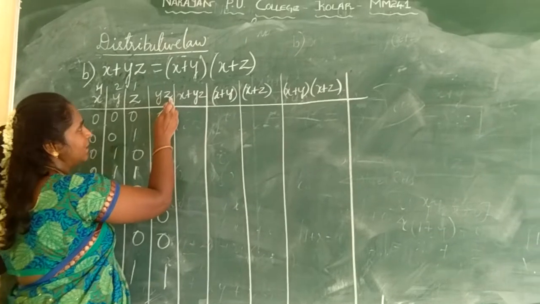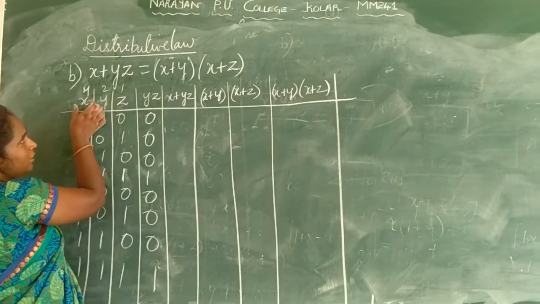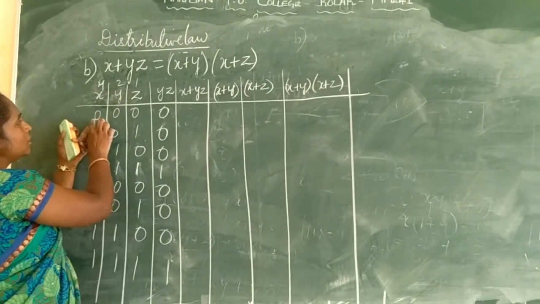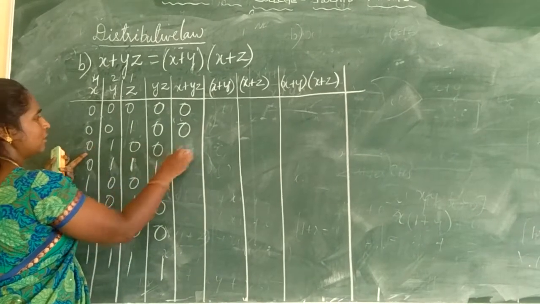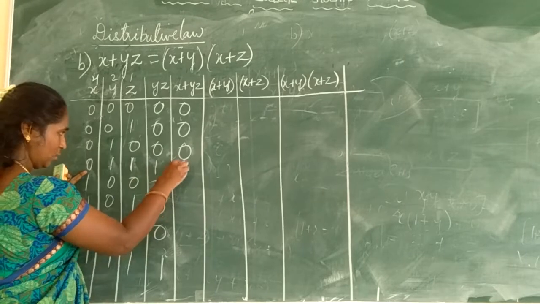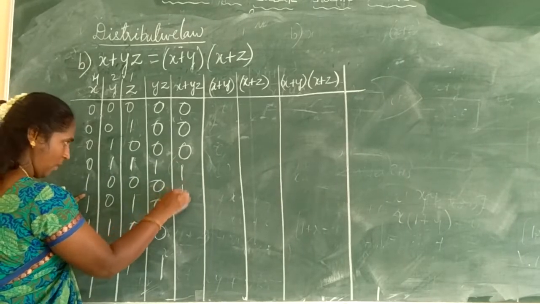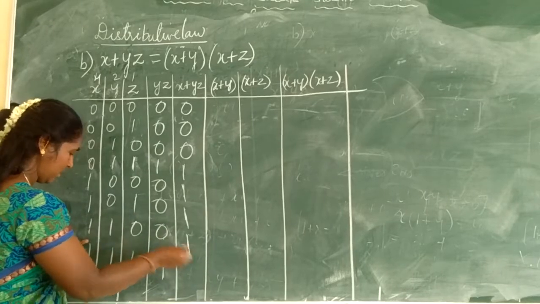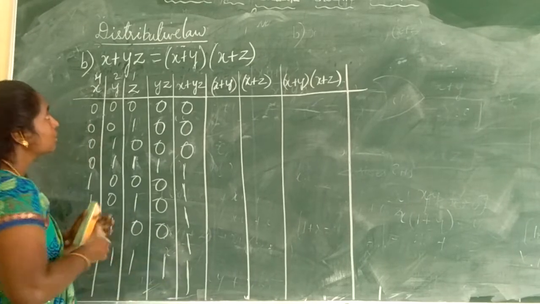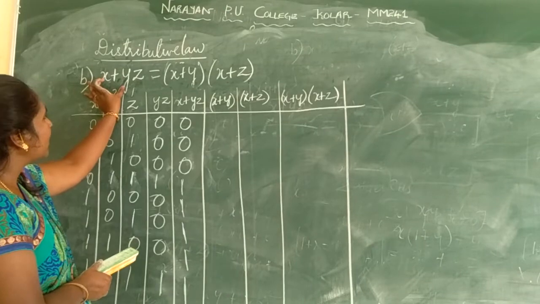So yz is completed. This should be ORed with your x. With x input: 0 plus 0 is 0, 0 plus 0 is 0, 0 plus 0 is 0, 0 plus 1 is 1, 1 plus 0 is 1, 1 plus 0 is 1, 1 plus 0 is 1, 1 plus 1 is 1. So your LHS part has been completed.